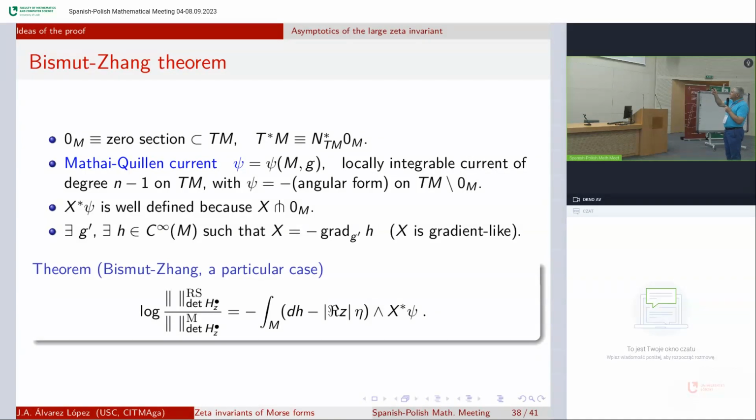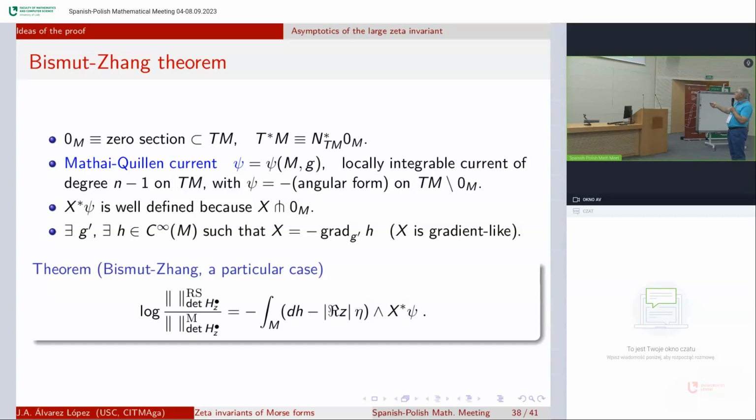And then Smoot and Sam have proved that the quotient between the Ray-Singer metric and the Milnor metric has a logarithm equal to this integral.